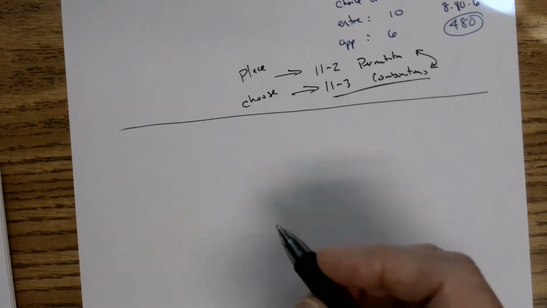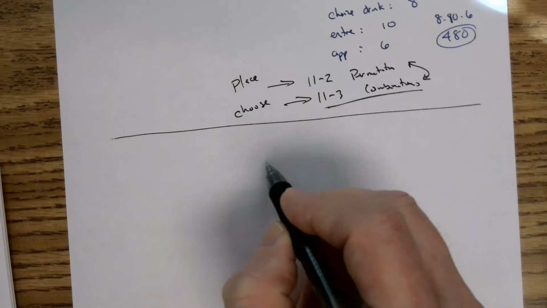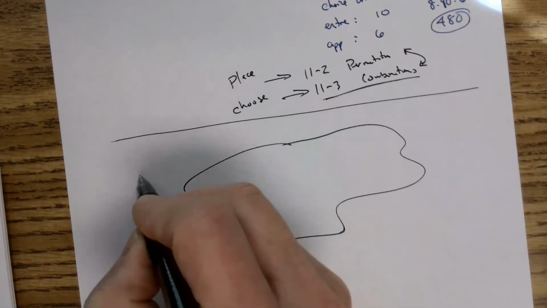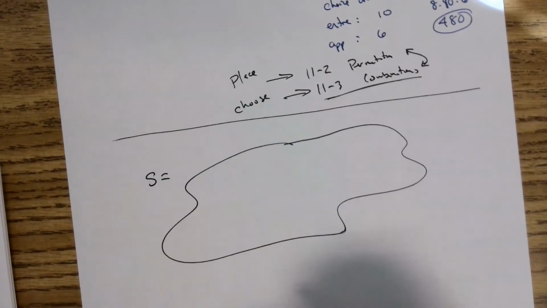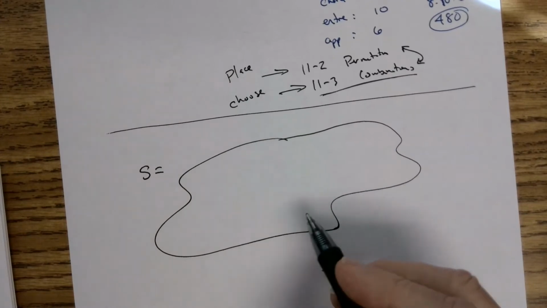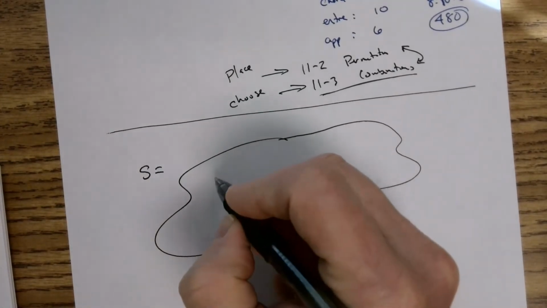So here at the top of your page is a blob. It's just a blob, and we're going to call that blob S. Everything in this blob is something, so let's put some things in here.